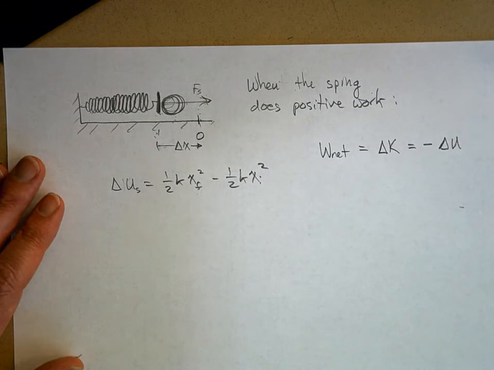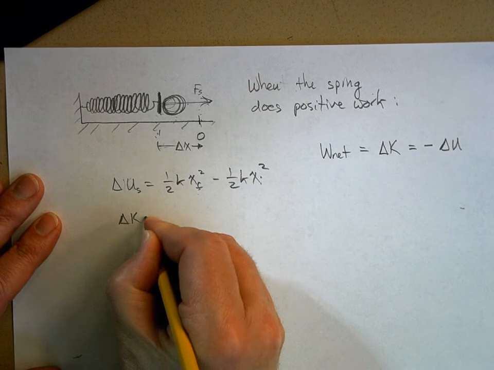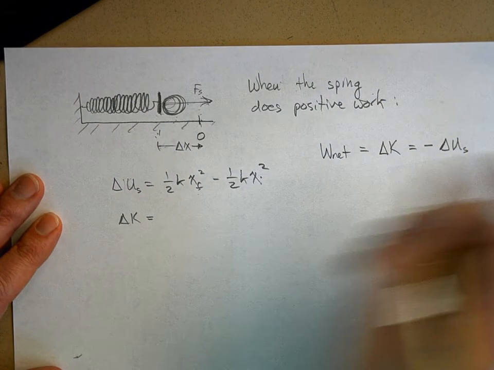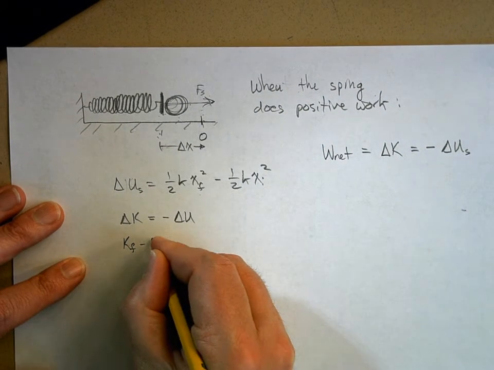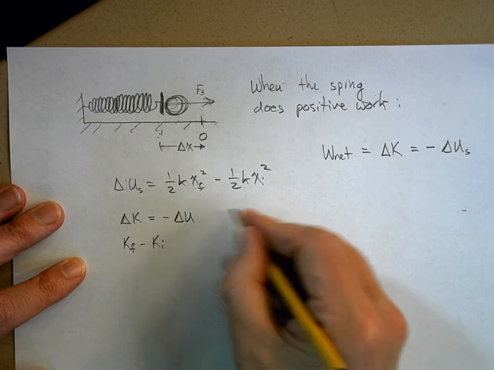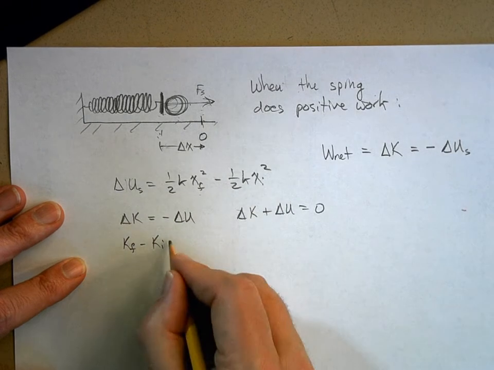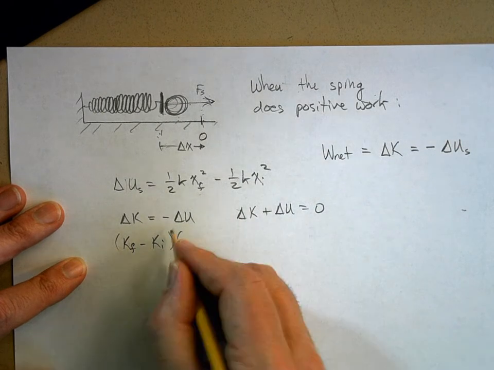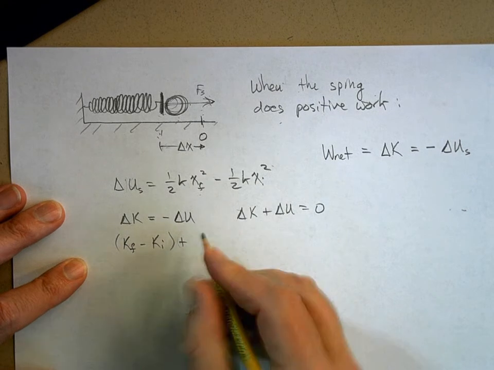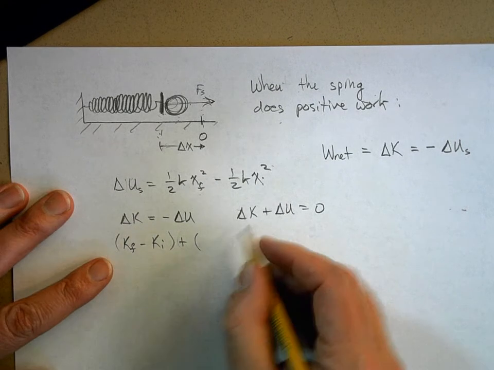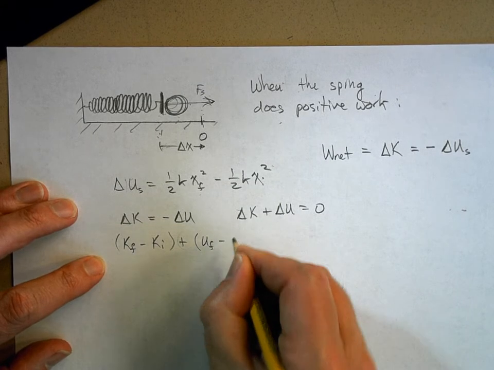This is exactly what we did with gravity. So we can say delta K equals negative delta U. So this is K final minus K initial. Add it to the other side. So delta K plus delta U equals 0. So K final minus K initial plus U final minus U initial equals 0.